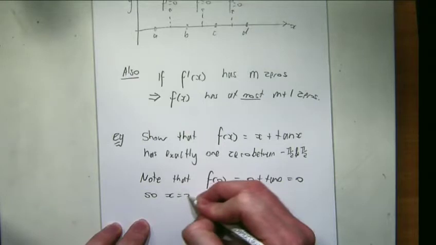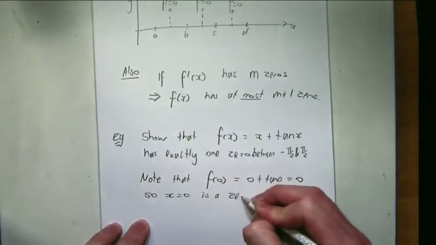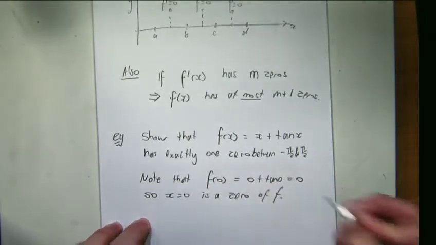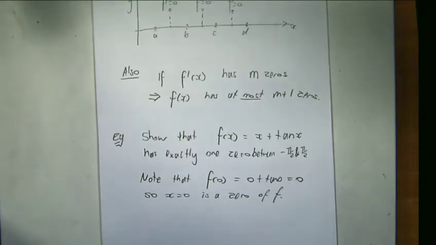So x equals 0 is a 0 of f. Sometimes they will be expecting you to look at it and go, oh, I can guess one. It's always okay to guess one. So I have found a 0 and it's x equals 0. So I know that it has at least one, but now I need to make sure that it doesn't have any more. All right?